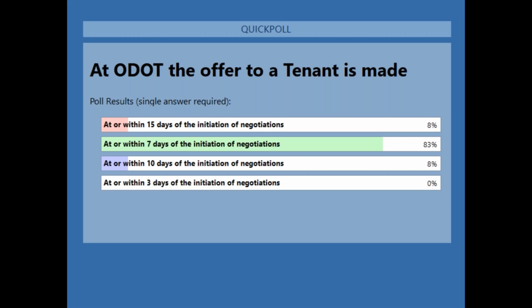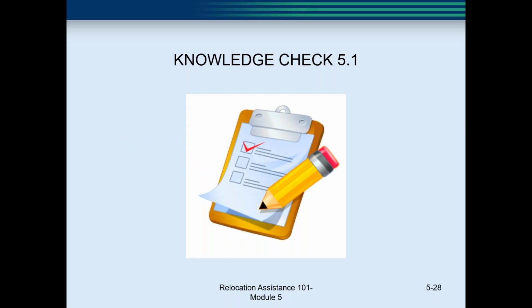Seven days. That's right. It has to be made within 7 days. You can make it before, but it has to be 7 days unless you have a really, really good reason for going over that date.